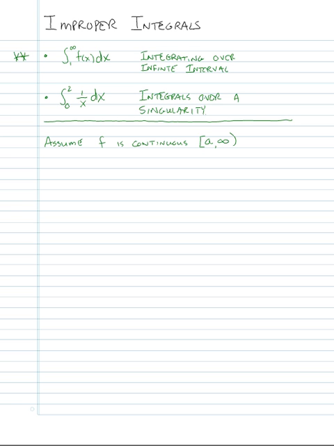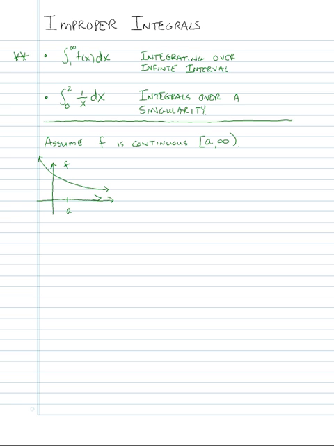But assume f is continuous from some constant a to infinity. So for instance, we might have a graph of f that looks kind of like this. I'm just making a suggestion. Our x-axis is here, of course, and let's suppose this is where a is. This is the graph of f.